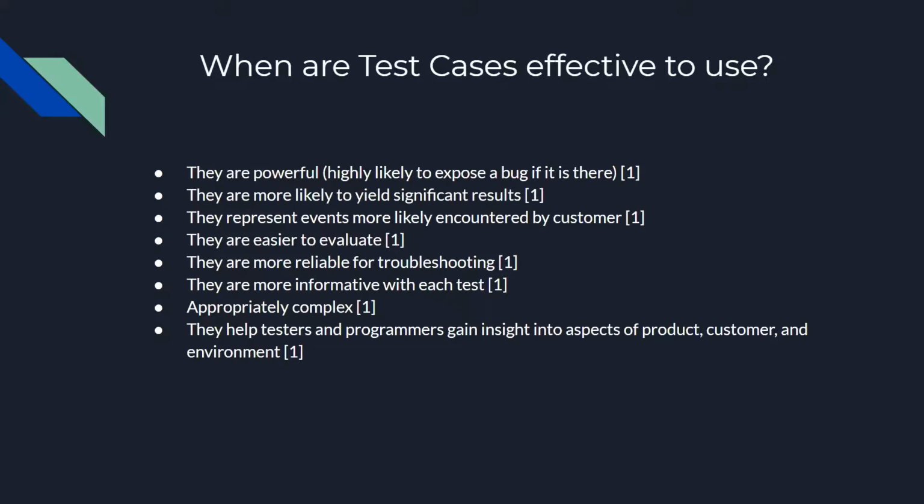They're most effective when they represent events the customer is more likely to encounter, and when they're easier to evaluate, when they're more reliable for troubleshooting, so it doesn't crash in the middle of troubleshooting.